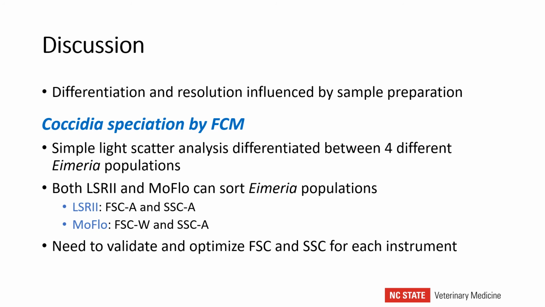On the LSR2 instrument, the optimal parameters were found to be forward scatter area and side scatter area, whereas forward scatter width and side scatter area were found to be optimal on the MoFlo cell sorter. While the detection and resolution of different Eimeria populations was possible in both instruments, because not all analyzers use the same software, the optimal parameters need to be validated and optimized for each instrument.